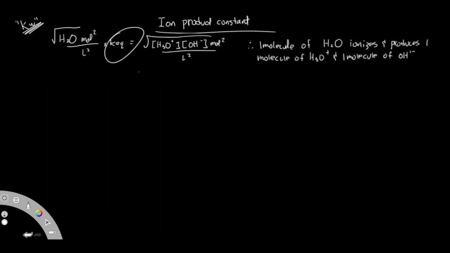And since we know that this KEQ multiplied by this H2O integrated together is known as this Kw, our ion product constant, this means that this Kw is also equal to our hydronium and our hydroxide concentrations multiplied together as a product.